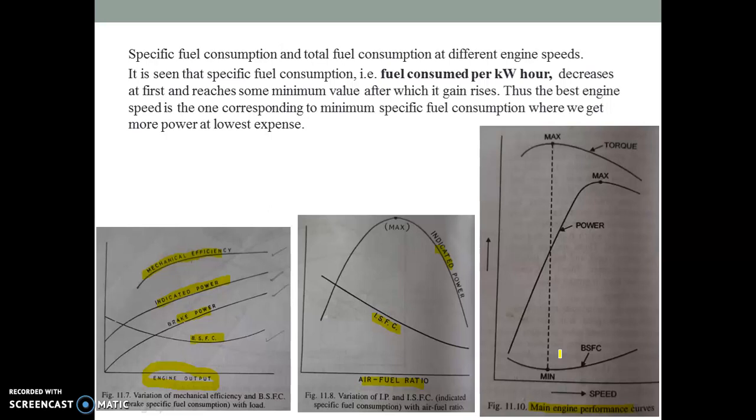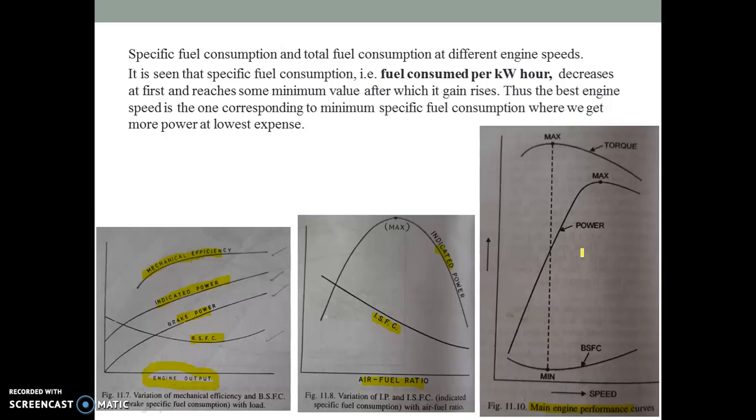It may be seen that in general this curve has an inverse relationship with the torque curve, that is, it first decreases, reaches a minimum and then starts increasing as the engine speed is increased.